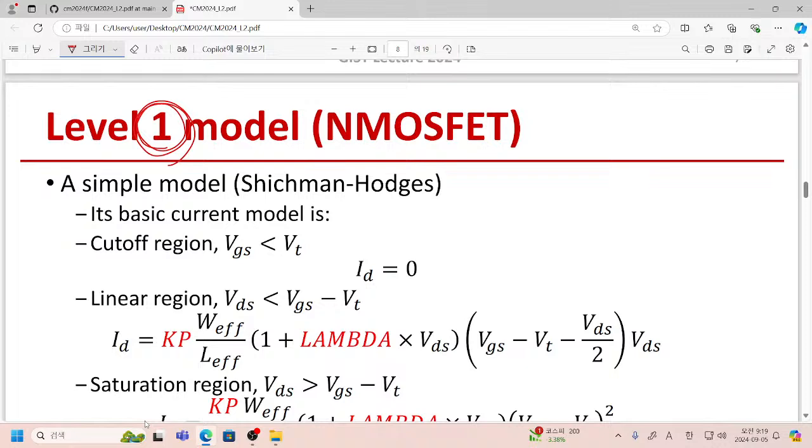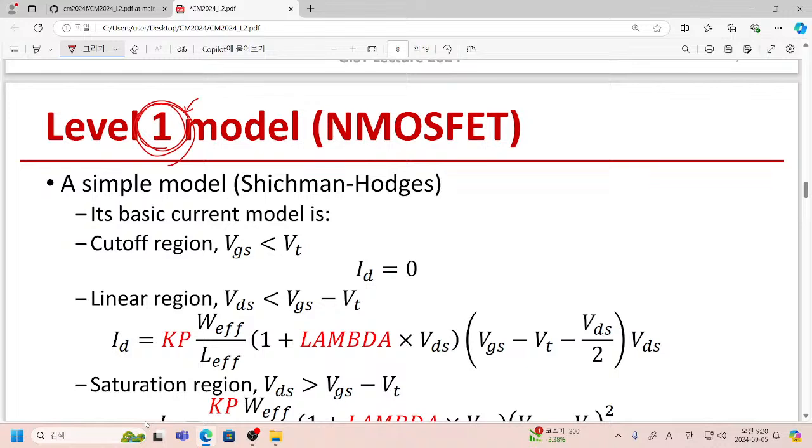Who named this model or who numbered this level? At the beginning of this industry, some companies tried to label or number those models. If the model is simple, then they tended to give it a lower number, and if it is a more advanced model, they gave it a higher number.